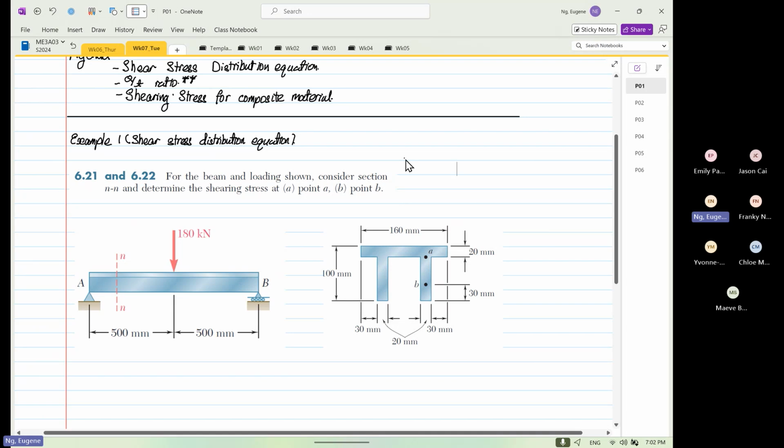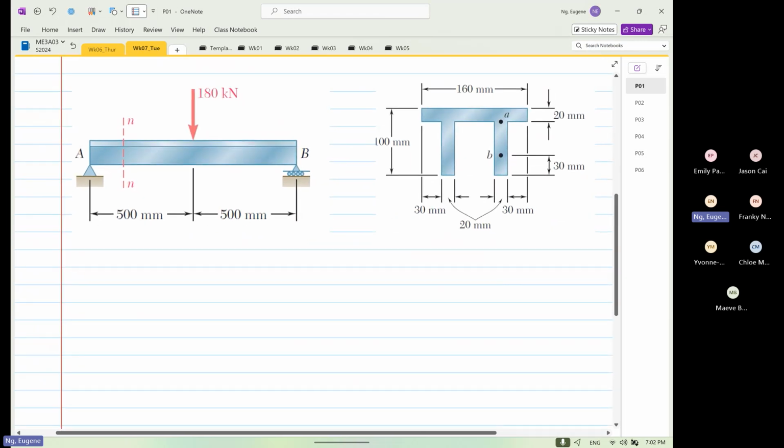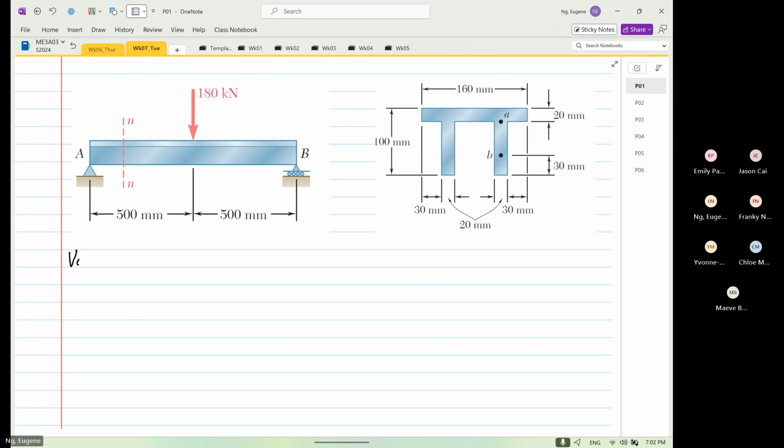Before I go on, on Thursday last week, we found that Vy is equal to 90 times 10 to the power 3 Newton. And with this problem, we have also found that the position of the centroid, which is Y bar, is 35 millimeters from the top.